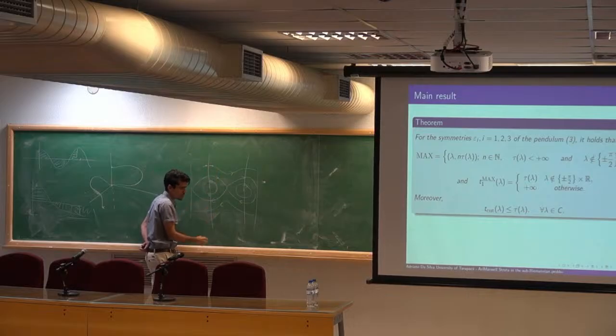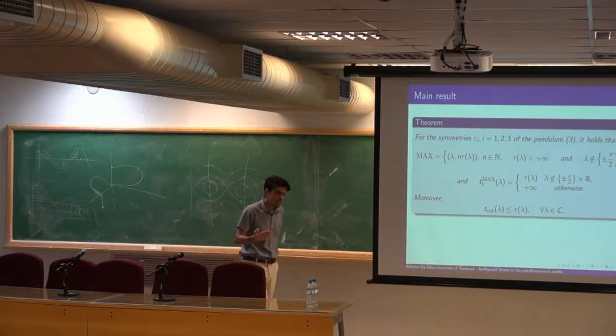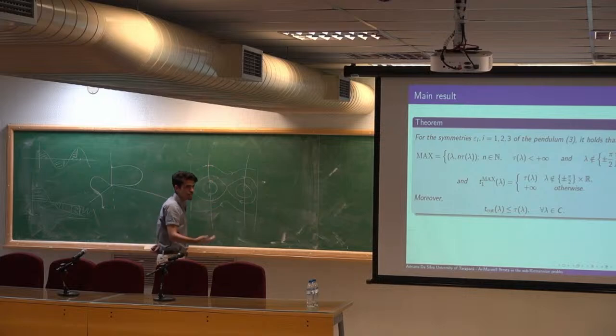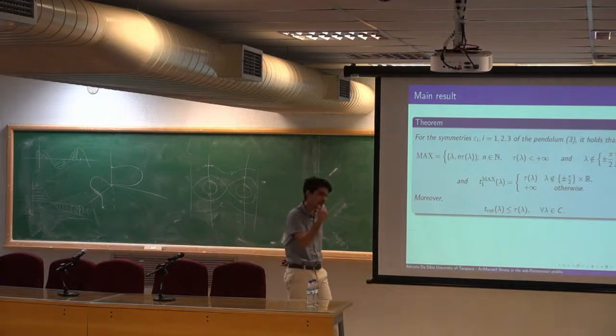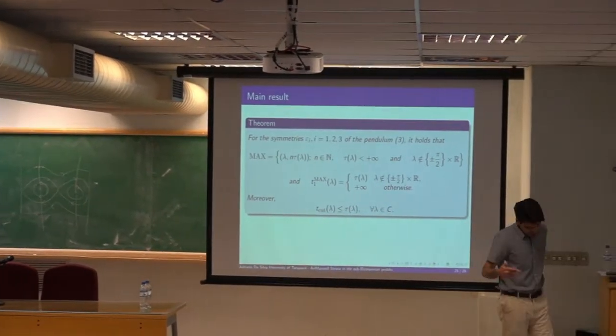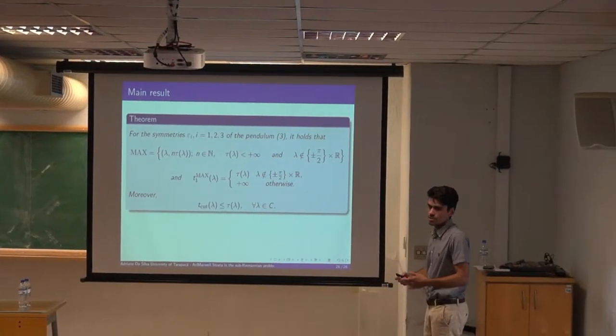So by the property that Maxwell points satisfy, since the point here and the other point here will be Maxwell points, your exponential map cannot be injective near these points. So in particular, that's a conjugate point, and the first conjugate time is also where you have already lost your optimality.